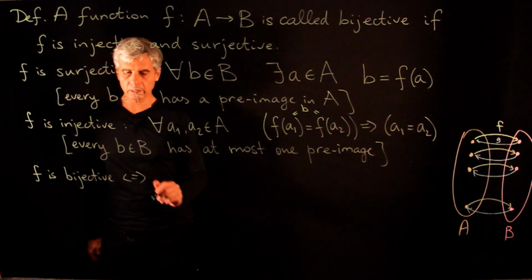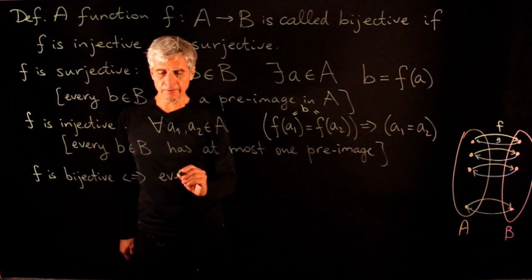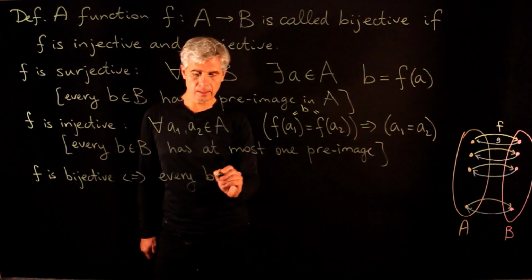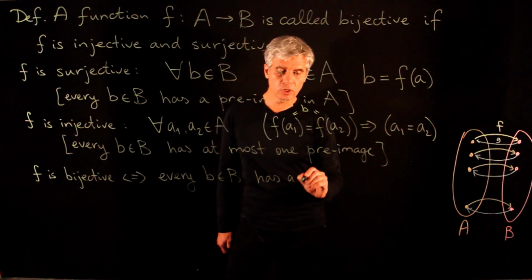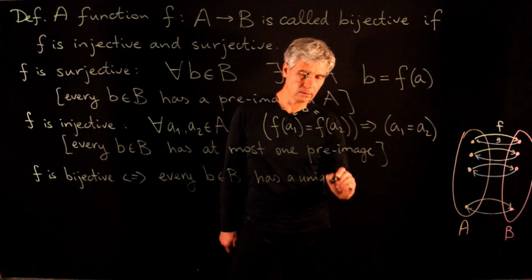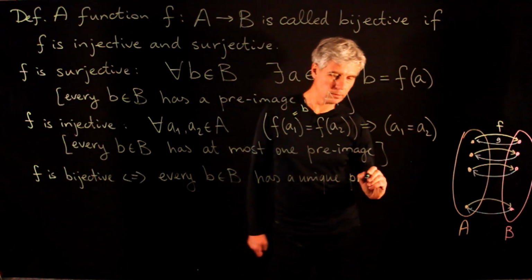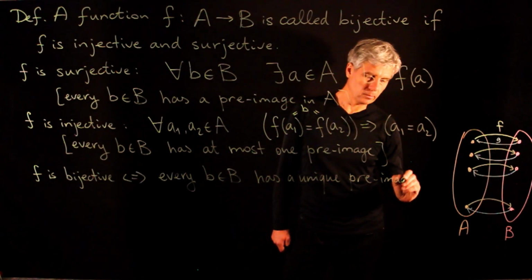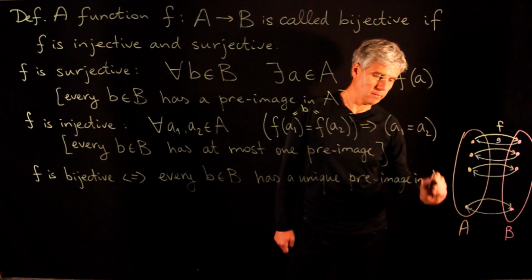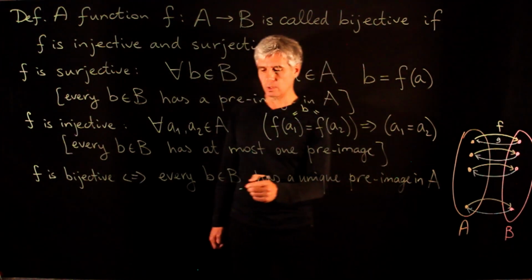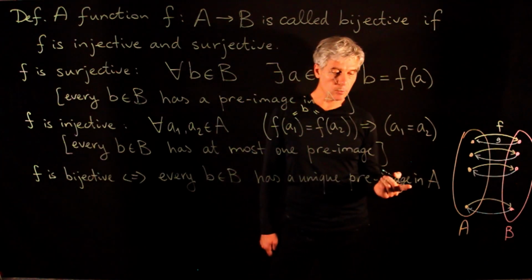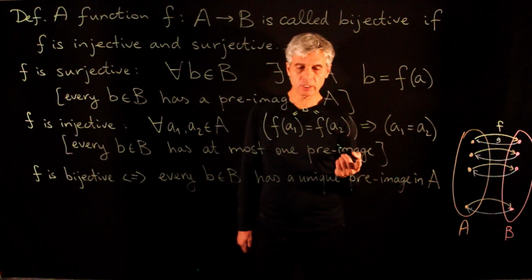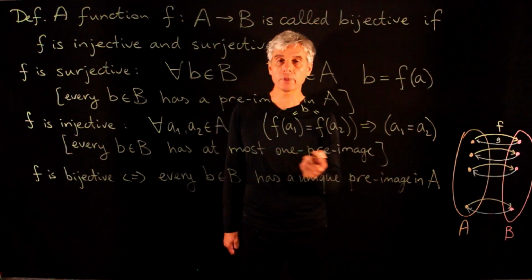So this is equivalent to saying that every b in B has a unique pre-image in A. By surjectivity, a pre-image exists, and by injectivity, we cannot have more than one pre-image.